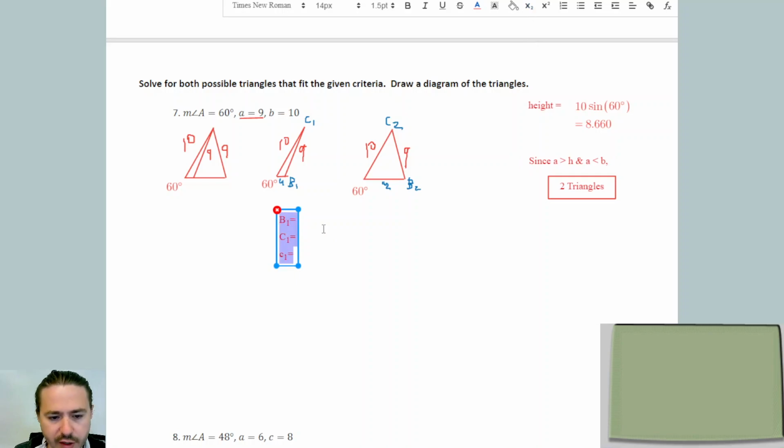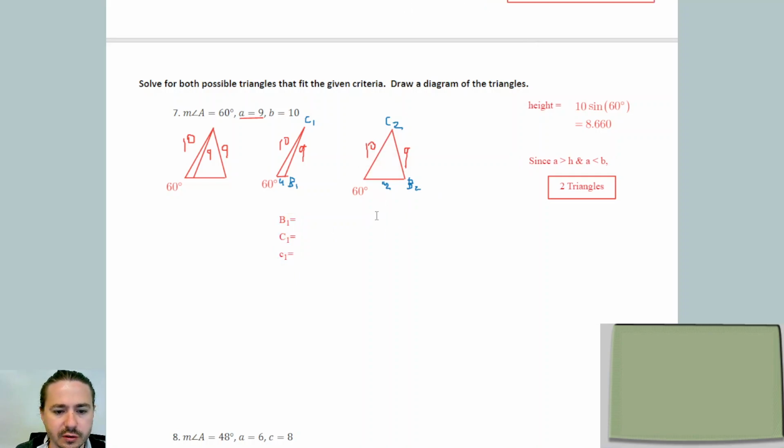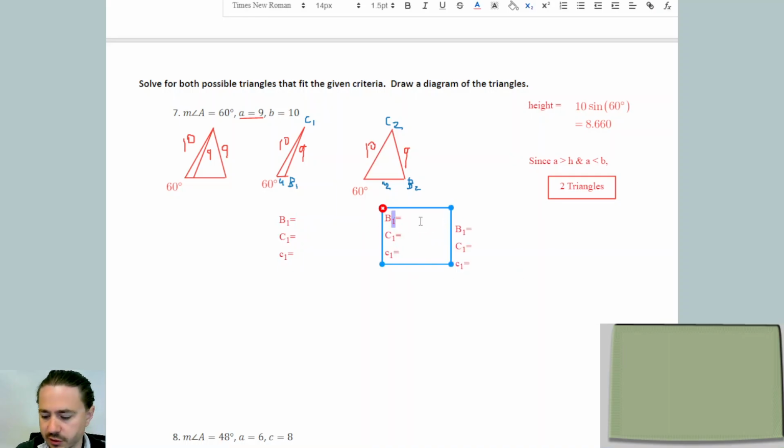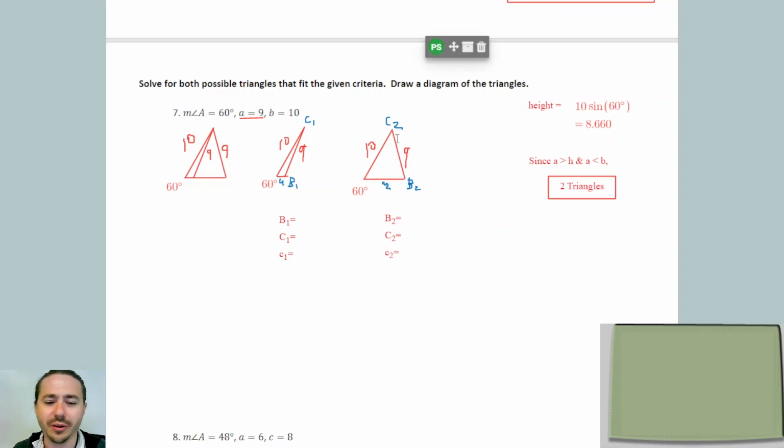And then I'm also going to need to find those solutions for the second one, B2 and C2, for our two different solutions here. It doesn't really matter which one you call 1 and 2. You just have to pick one, and so I just went with this. Okay, so we're ready to start solving here.